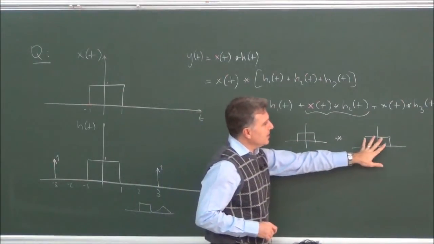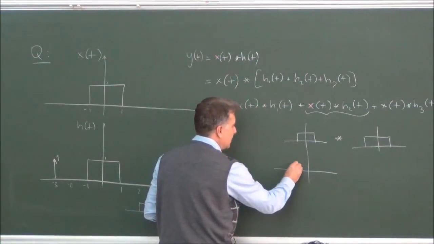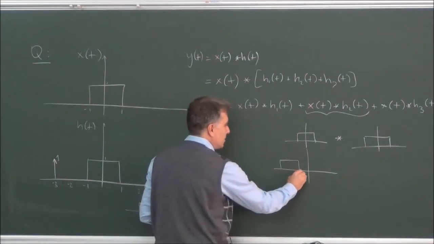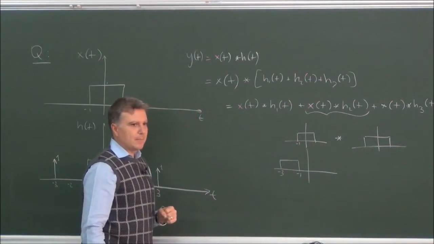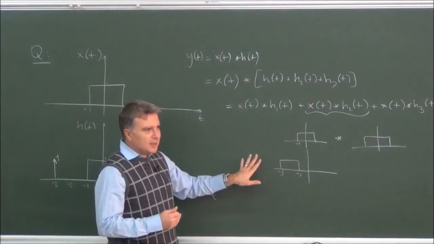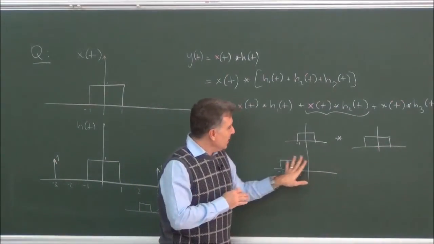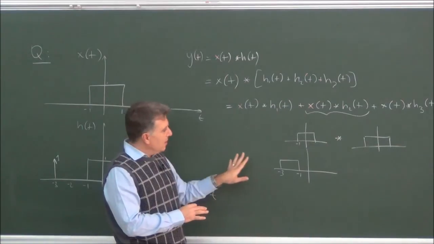When this rectangle is flipped around, the amount of slide at which it starts overlapping is somewhere here, where this is -1, this is -1, and this is -3. This much to the left will start overlapping, and then you must proceed to the right. Going further to the left makes no overlapping.